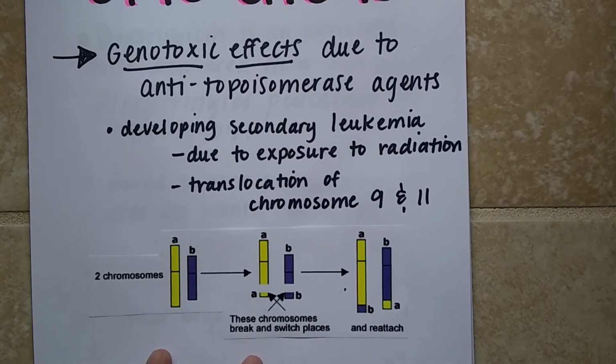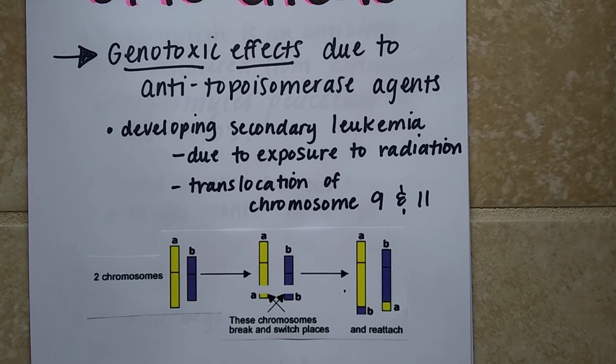So here I included a figure to show you exactly what translocation is. A translocation occurs when a region of one chromosome is physically removed and joined to a highly active region of another chromosome.